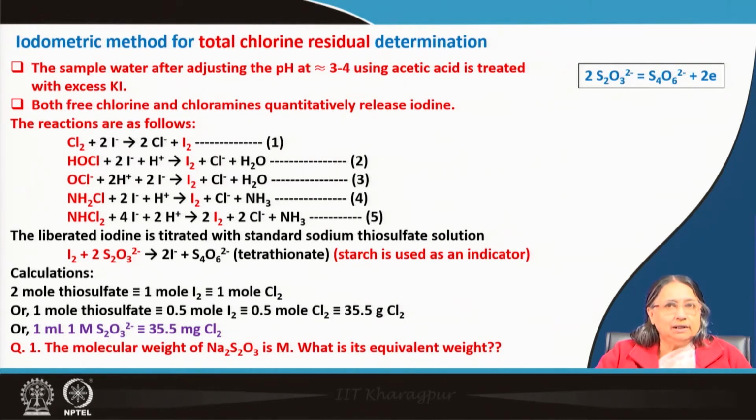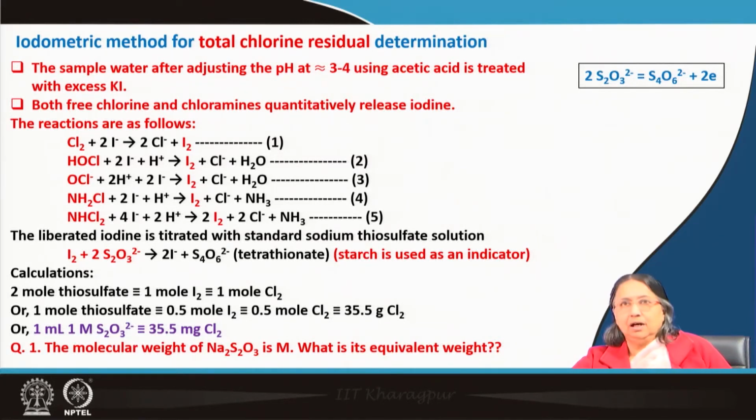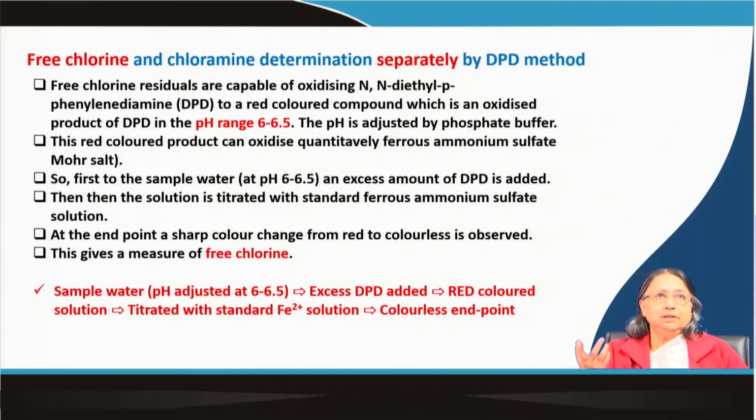For HCl it is 1 hydrogen, so it is the same. But a redox reaction is not like that. And for a salt, say for example calcium carbonate, the molecular weight is 100, but the equivalent weight is 50. Why? Because 1 calcium is there and the valence of calcium is 2, so it will be divided by 2.